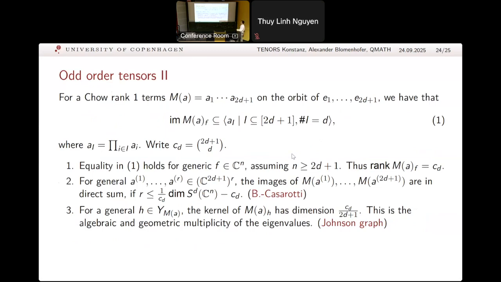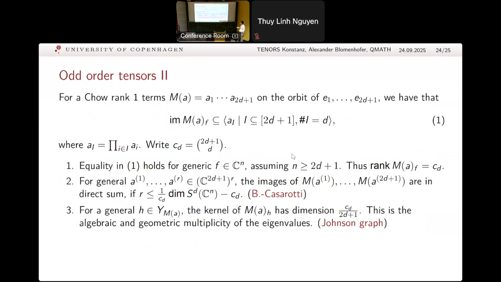Basically, if you have a Chow rank 1 term, then the MAFs will have rank 2D plus 1 generically, and for generic F you can show that these are still in direct sum if you don't take the rank too large.